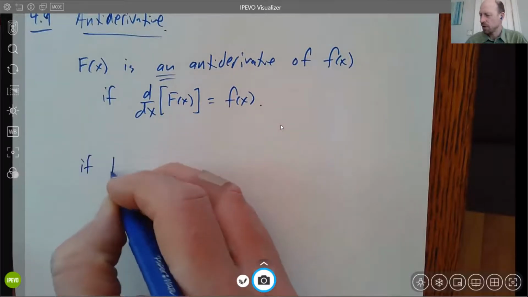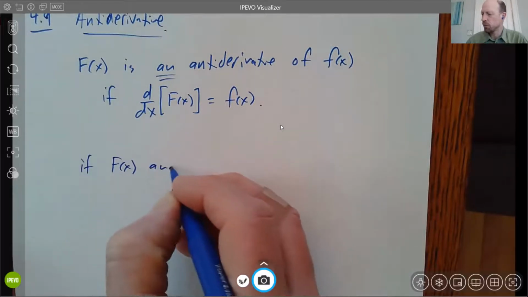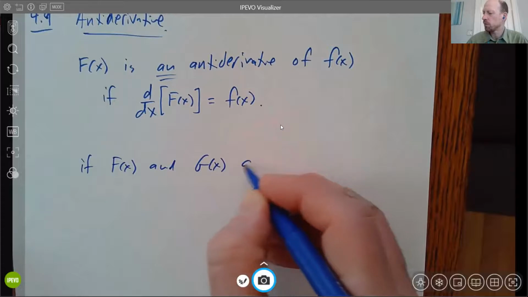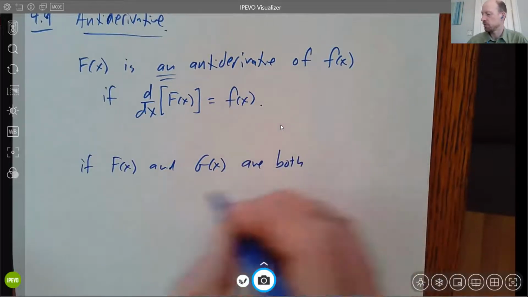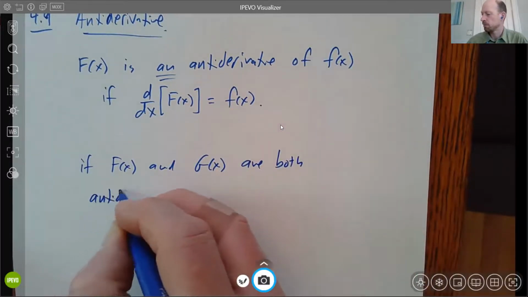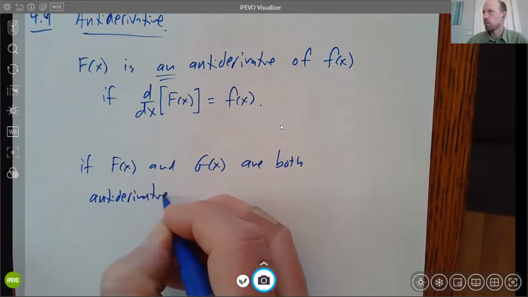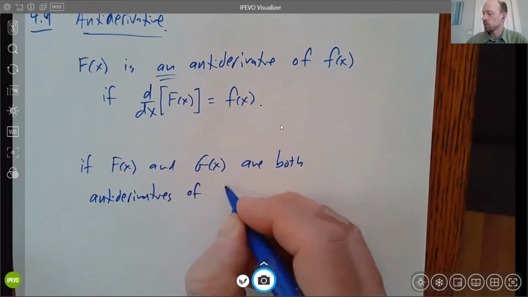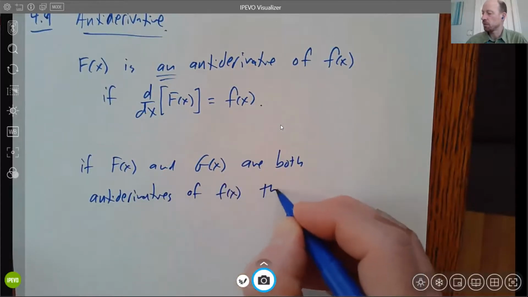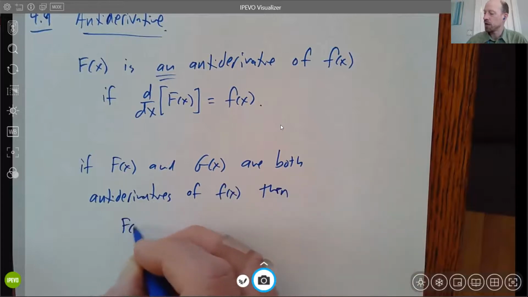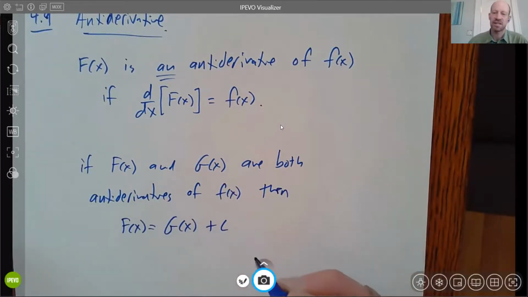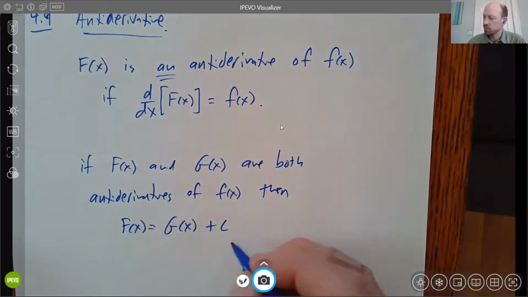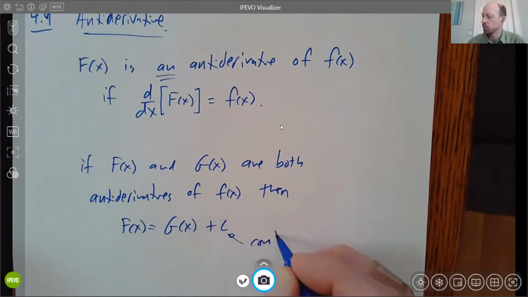So if capital F of x and capital G of x are both antiderivatives of some function little f of x, then capital F of x equals capital G of x plus c, where that's a constant.